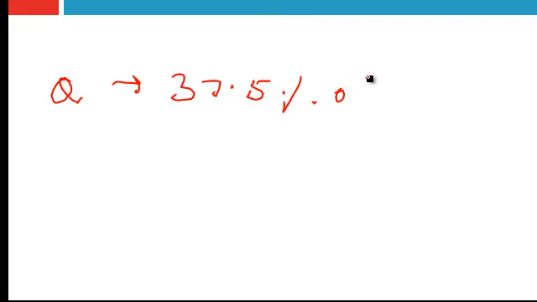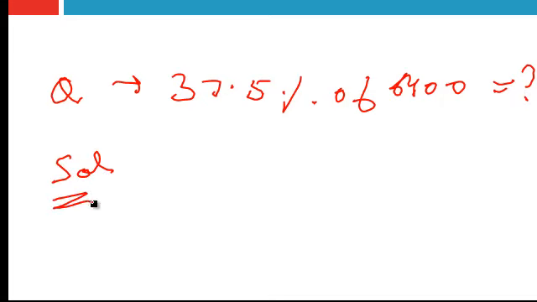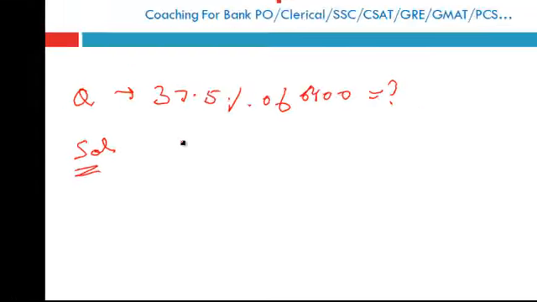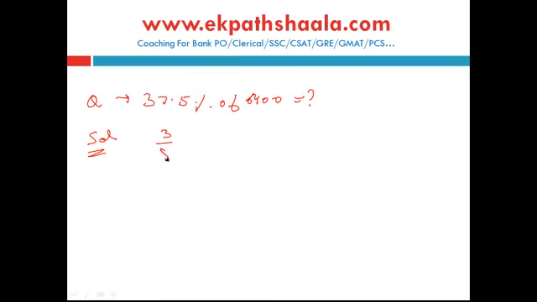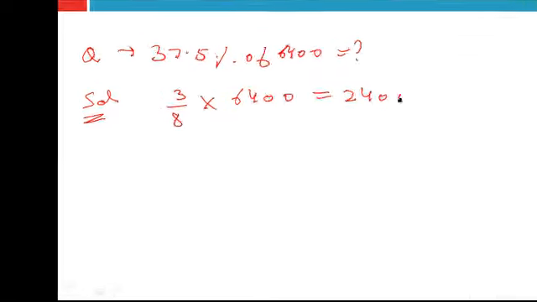37.5% of 6400, what is the answer? Time up. If I say 37.5% is 3 by 8 of 6400, it becomes 2400. Another question.